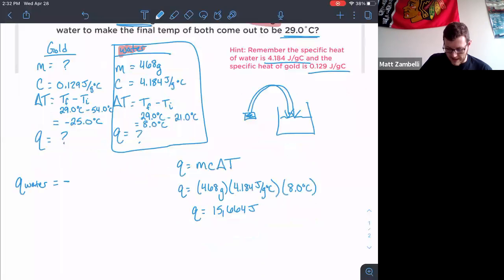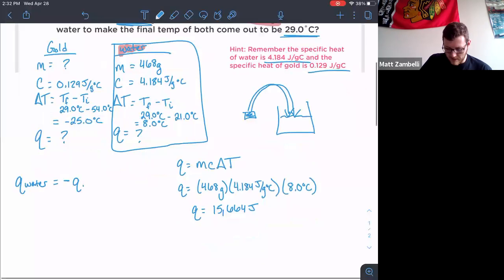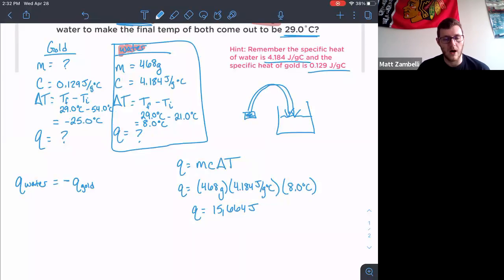So gold is going to have a negative Q that's equal to the positive Q for water. So these two are going to be equal and opposite.